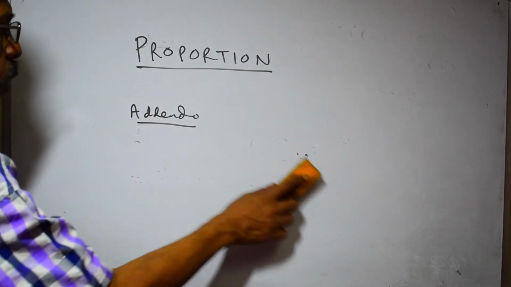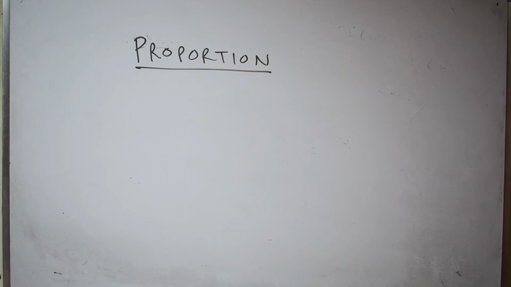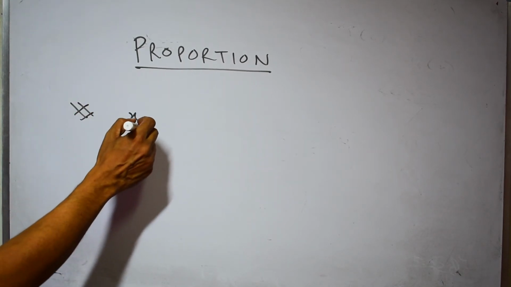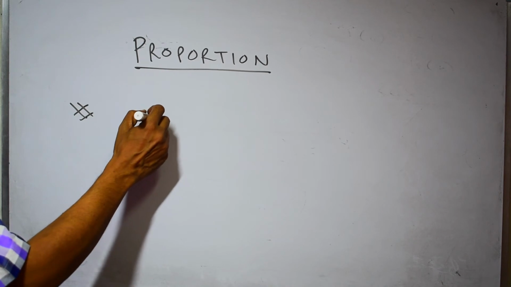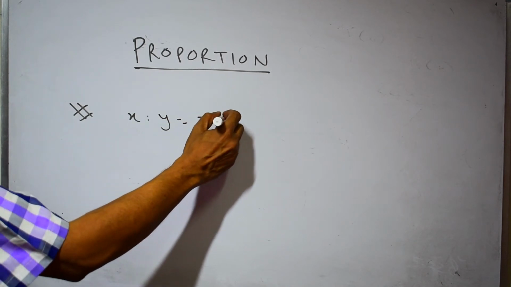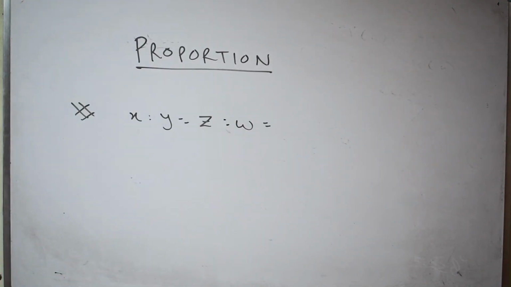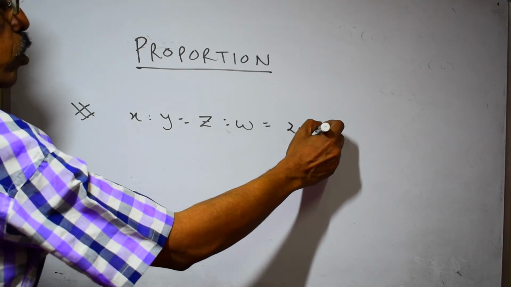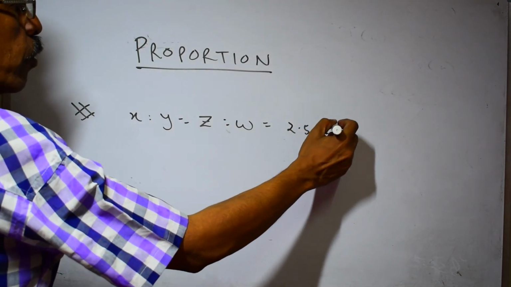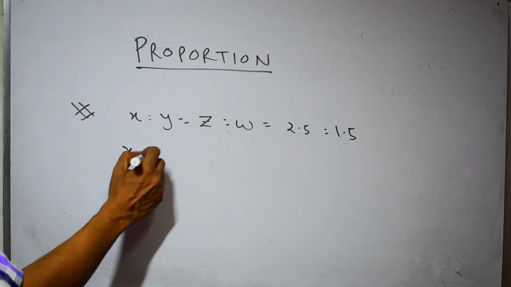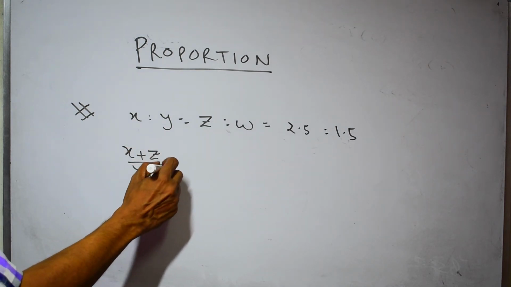Now we can have one problem here. We are discussing a problem on the previous properties. x is to y is equal to z is to w is equal to 2.5 is to 1.5. So the question is, what is x plus z by y plus w?